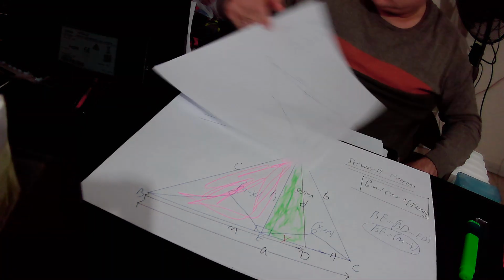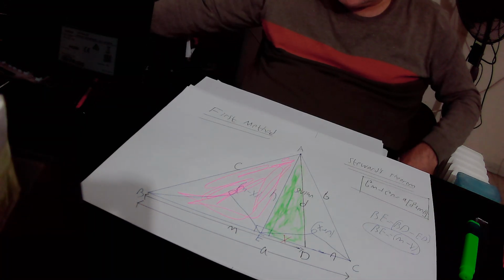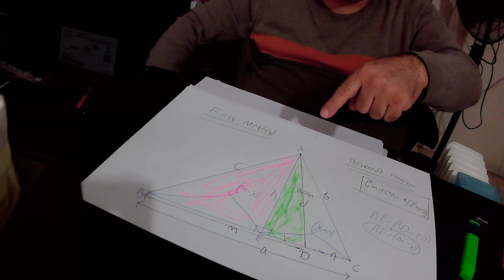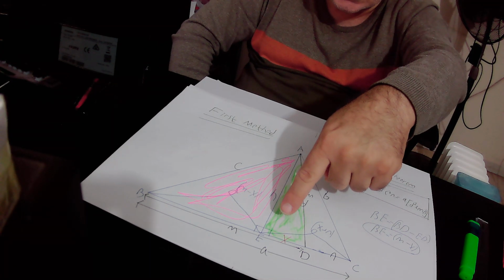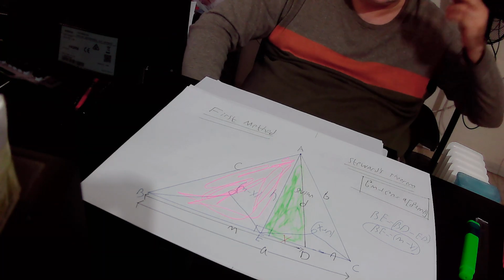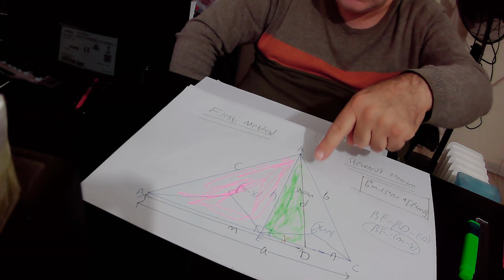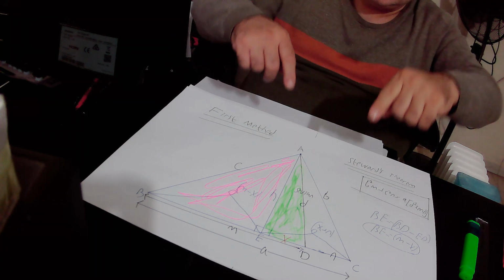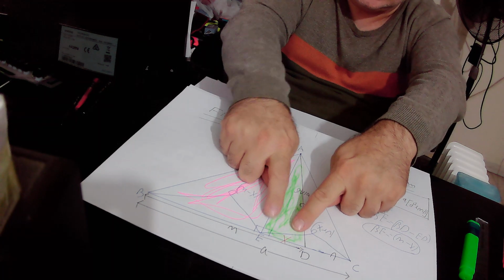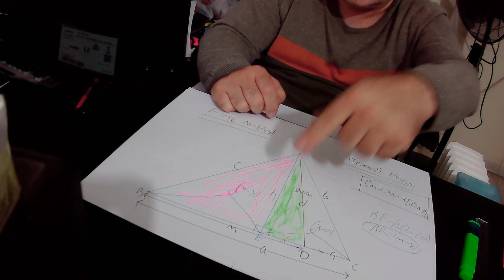So, in the first method, from point A, we draw a perpendicular on BC. This angle equals 90 degrees and this angle equals 90 degrees according to our construction. We define the touching point of the perpendicular from point A and BC as E. We define this line segment ED as x. We define the line segment AE as h.